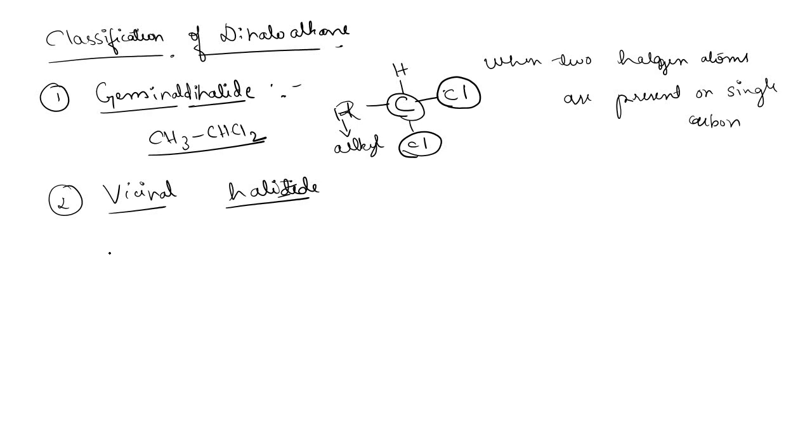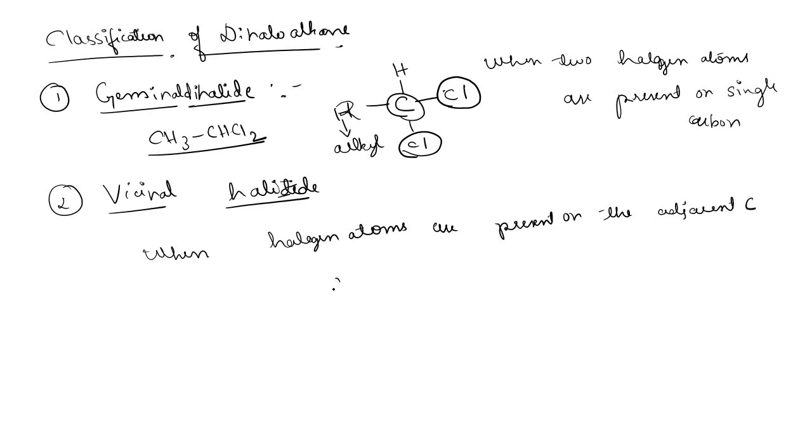Okay, the next one is vicinal dihalides. So what do you mean by vicinal dihalides? When halogen atoms are present on adjacent carbon atoms, side by side. I hope it's clear. When halogen atoms are present on adjacent carbon atoms, we call it a vicinal dihalide.